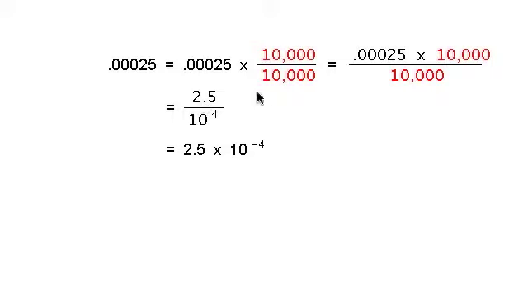But we have to compensate for that increase with a decrease representing the powers of 10. The 10,000 in the denominator becomes 10 to the 4th. And if we represent that in the numerator, it's 10 to the minus 4.